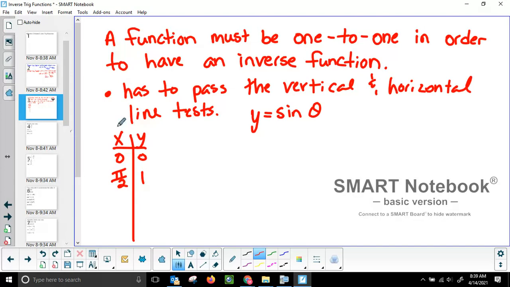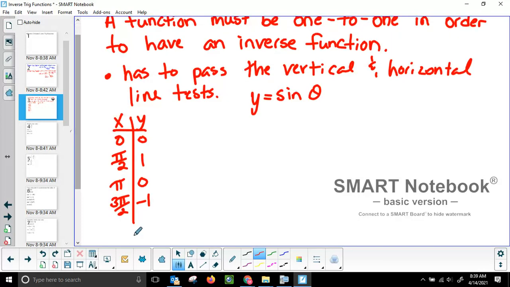All right, when my theta is pi, my sine again is 0. When my angle is 3 pi over 2, my sine is -1. All right, and then we come back around to 2 pi, which is all the way back around. So we're back at the same as 0 here, so we're at 0.